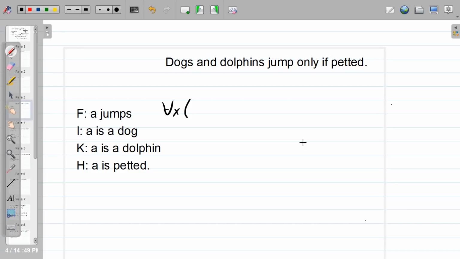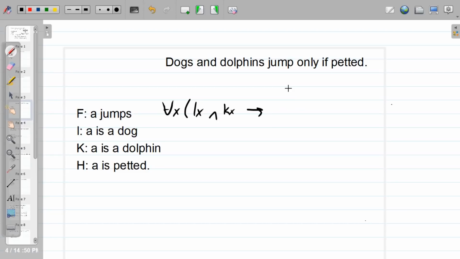We're talking just about the dogs and dolphins. So, of course, we're going to say IX. We're not going to say IX and DX, right? Or IX and KX. Because if we said IX and KX, then something, something, then we would be talking about everything that is both a dog and a dolphin.